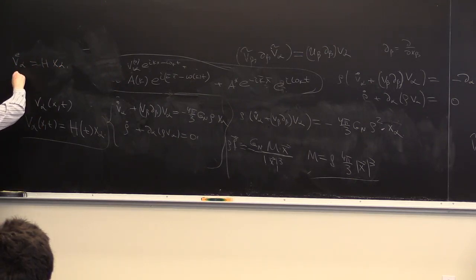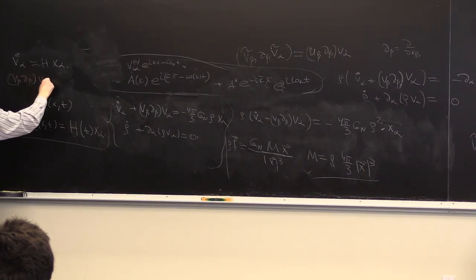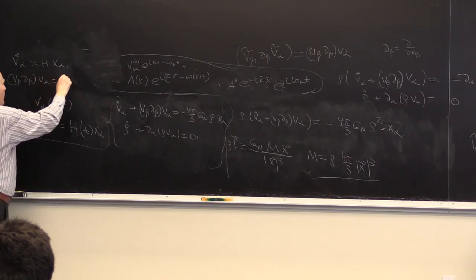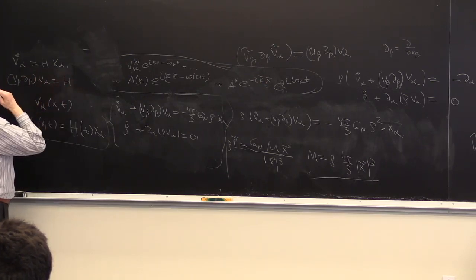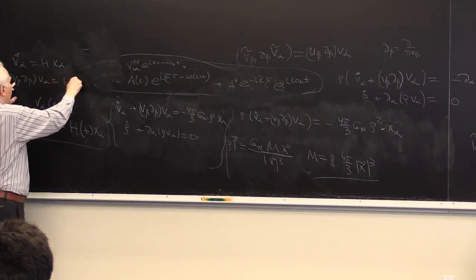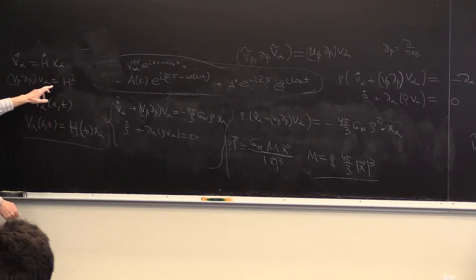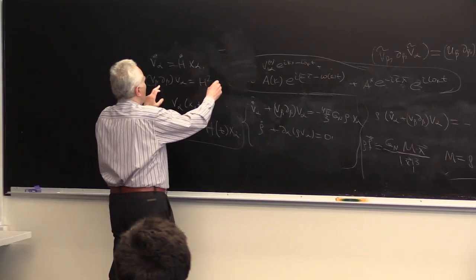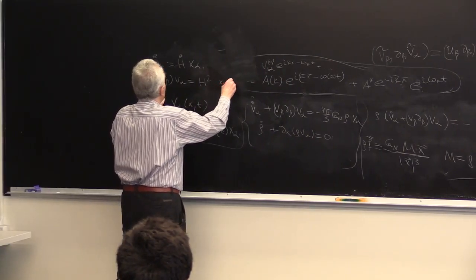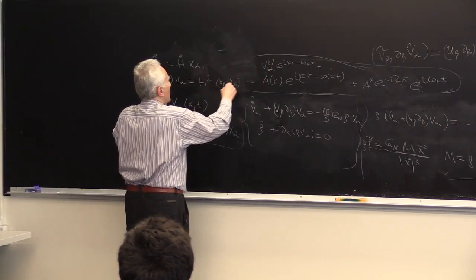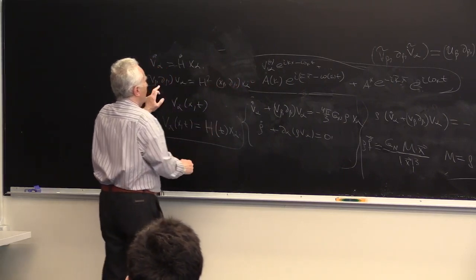Now, if we take V beta, T beta, V alpha, we have h square. It's h dot x alpha. Okay, we have h square. We have x beta, d beta, x alpha.